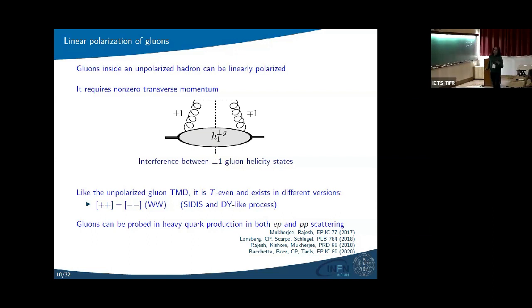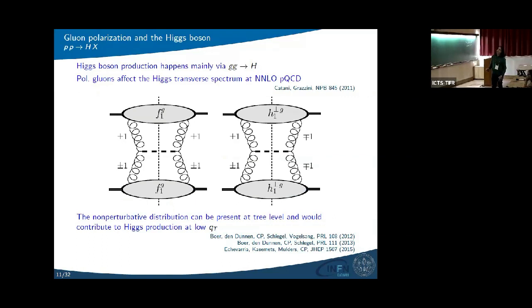So in this case, we can apply TMD factorization, and next to this diagram in which the helicities of the gluons are all the same on one side and the other side of the cut, we have to include a diagram in which the helicity flips from one side to the other. And this is a convolution of h1perp and h1perp. And this effect is present also if you apply collinear factorization, but it will appear as a next to leading order effect, while in the TMD approach, we have it, as I said, already at leading order.